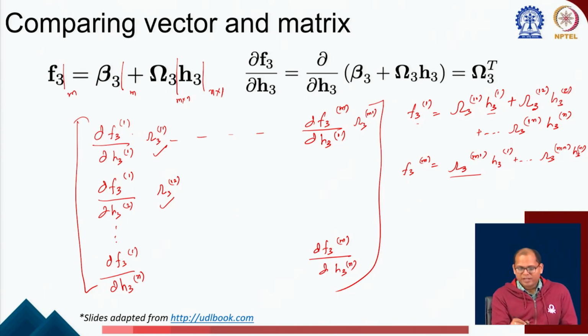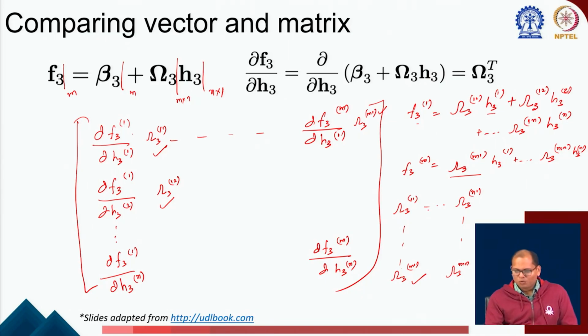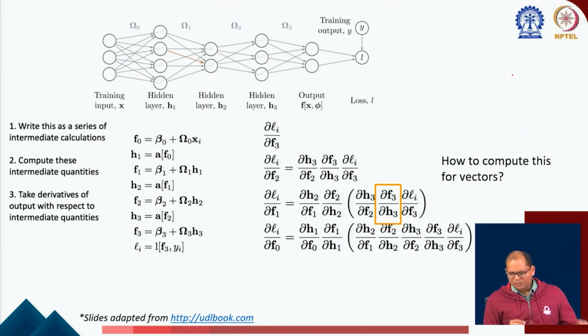But originally what was omega 3? Omega 3 was omega 3 1 1 down to omega 3 m 1, and omega 3 was m cross n, so up to omega 3 1 n and omega 3 m n. So you are getting just a transpose, right. m 1 is here and m 1 is here. So omega 3 1 2 is here, but you are getting 1 2 here. So you are getting a transpose of omega 3, right. So that explains this particular output.